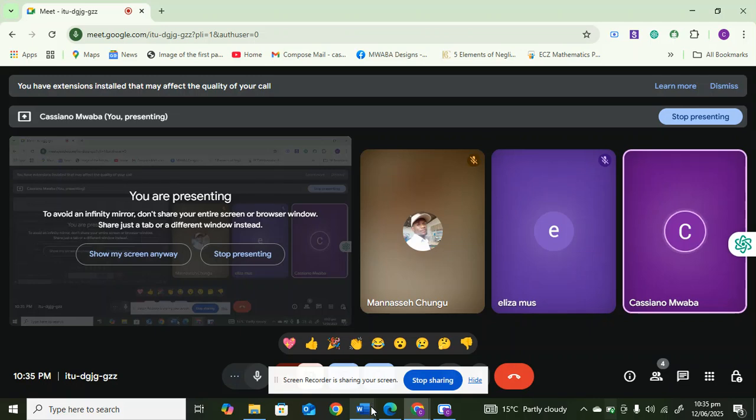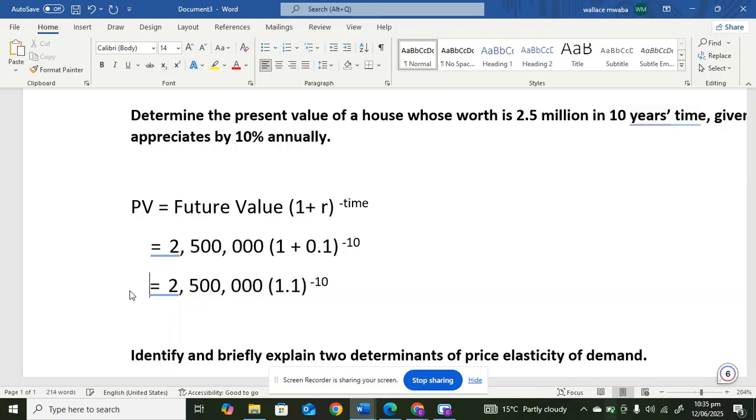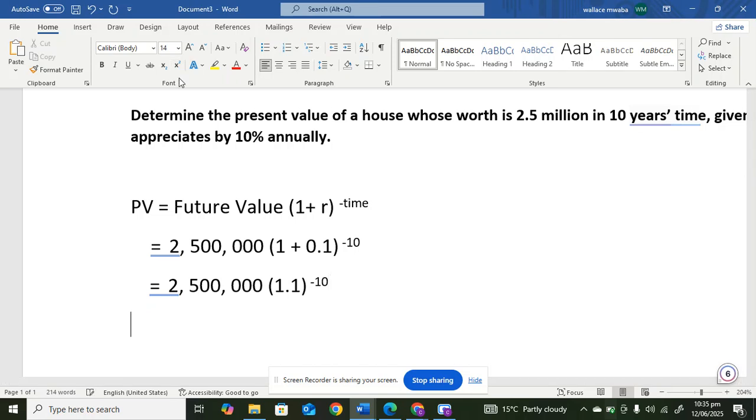Mr. Manasseh? Okay, as you are finding, Madam Eliza, 1.1 to the power negative 10, what did you get? Let me also use my calculator so that we're all getting the same figures. For me, 1.1 to the power negative 10, I've got 0.385.